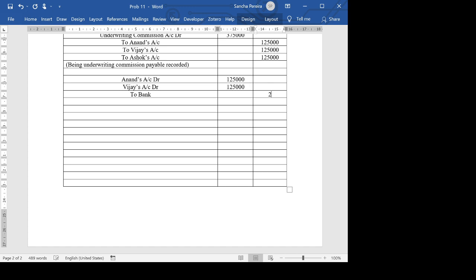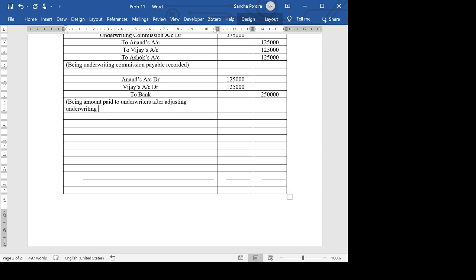So this comes to 2,50,000. Being amount paid to underwriters after adjusting underwriting commission.